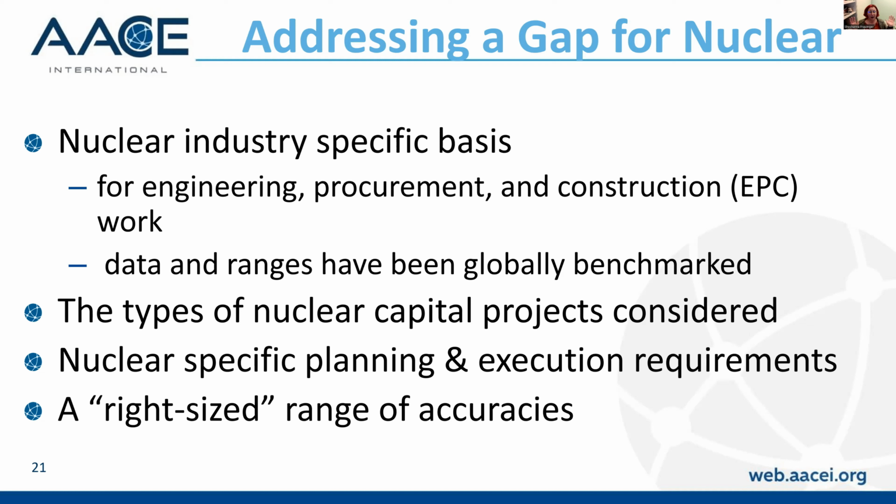And the data and ranges that are provided in the RP have been globally benchmarked against project data from the nuclear industry in Canada, the UK, USA, Japan, France, and Russia. The types of nuclear projects considered is also new. We talk about that, and it addresses the nuclear specific planning and execution requirements. So there's a right sizing of the range of accuracies.